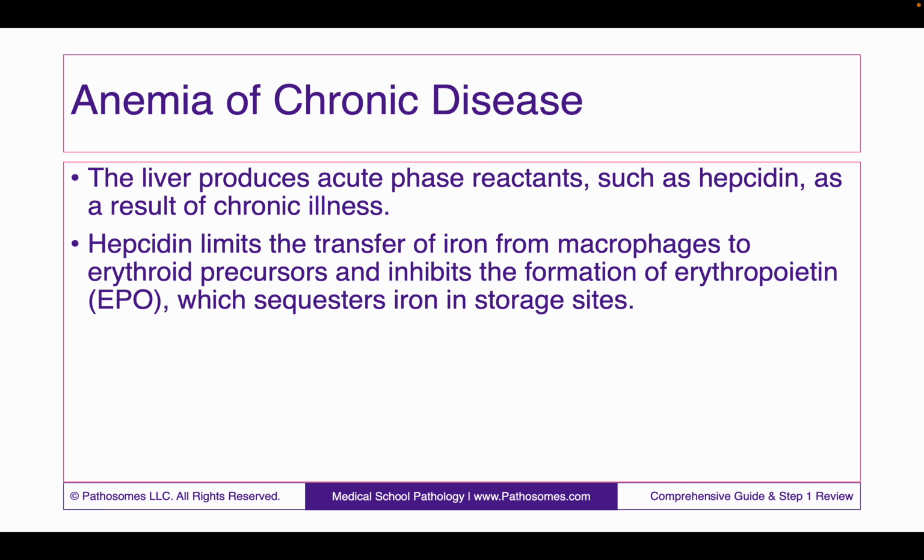The liver produces acute phase reactants such as hepcidin as a result of chronic illness. This hepcidin limits the transfer of iron from the macrophages to the erythroid precursors in the bone marrow and inhibits the formation of erythropoietin, which sequesters iron in storage sites.